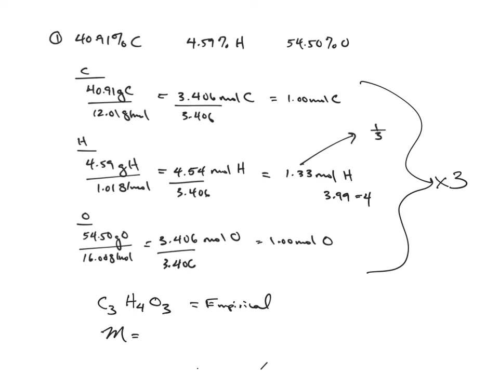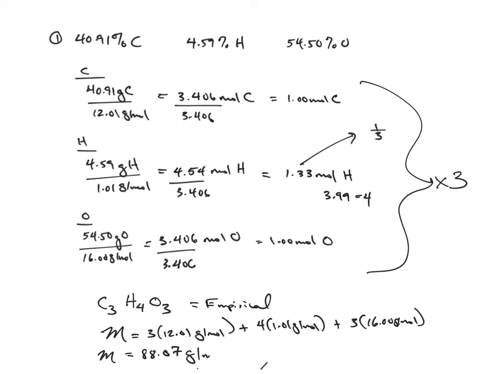We have 3 times 12.01 grams per mole for carbon, plus 4 times 1.01 for hydrogen, plus 3 times 16.00 for oxygen. That's 12.01 times 3 plus 4.04 plus 48, which is 88.07 grams per mole. That's the empirical formula's molar mass.